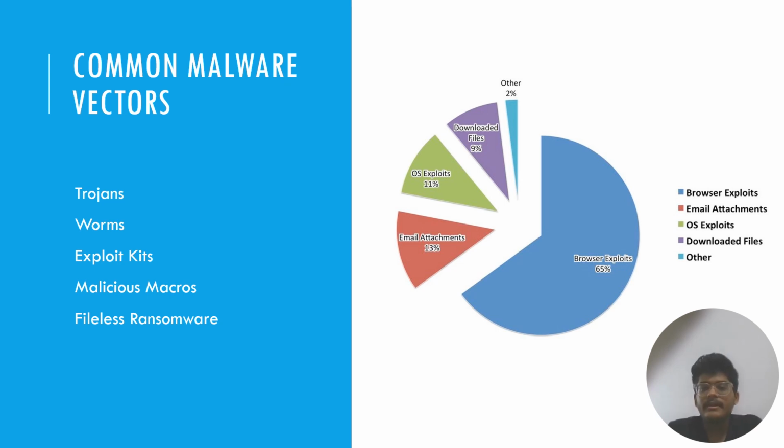Exploit kits are pre-made software which have been made by other hackers who are more involved in such kind of activities, and these exploit kits can be used by novice attackers to hack into other systems.